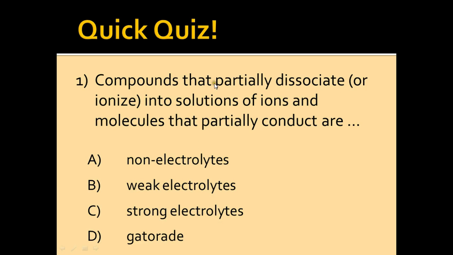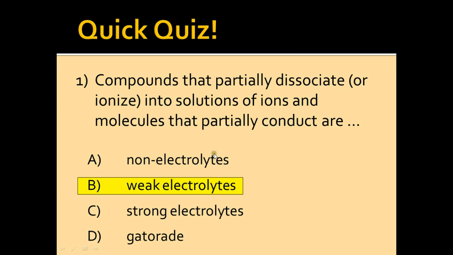So compounds that partially dissociate into solutions of ions, if it partially dissociates, some ions are forming, so it'll conduct some electricity, but not as much as strong electrolytes, because strong electrolytes, if I remind you, are ionic compounds that fully dissociate in water. So that's strong electrolytes, but this is partially dissociate, and that's pretty much the key word, and so from that you can figure out that it's weak electrolytes that partially dissociate.